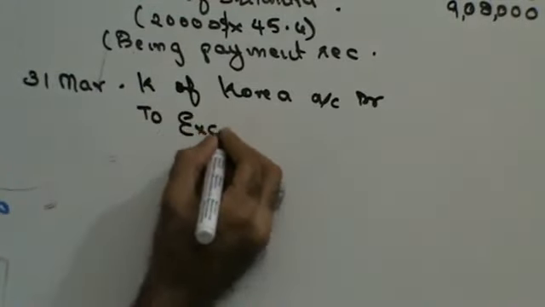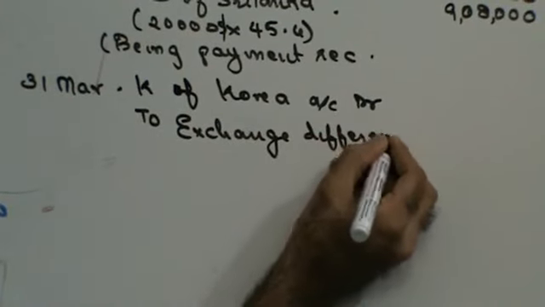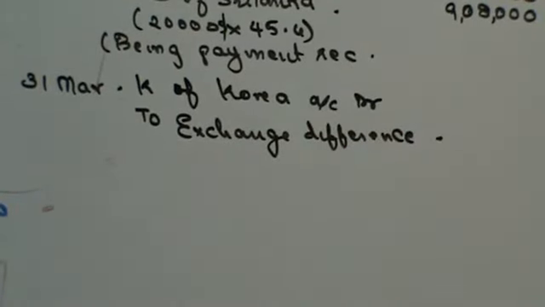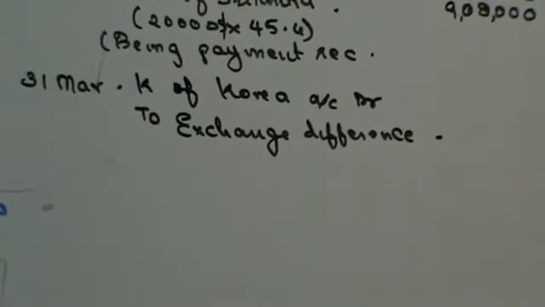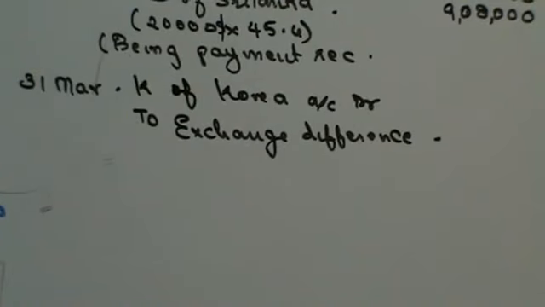To exchange difference. Right? Now how much am I making a profit of? See, 47.30 minus 45.6. Someone please do that. 1.7. 1.7 on the payment that I haven't made.